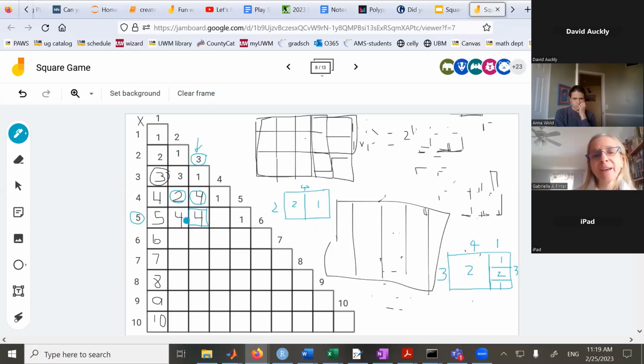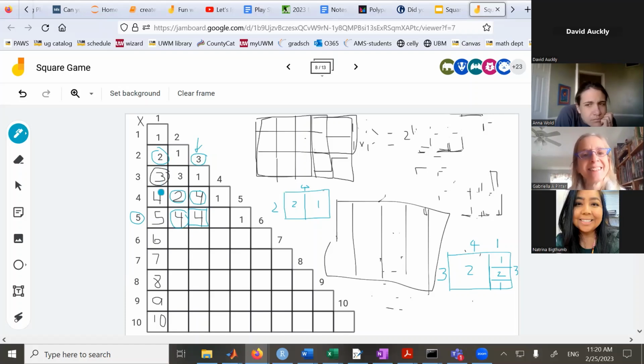So which games are won by player one? This one, exactly those. Do you see any pattern on these numbers here?